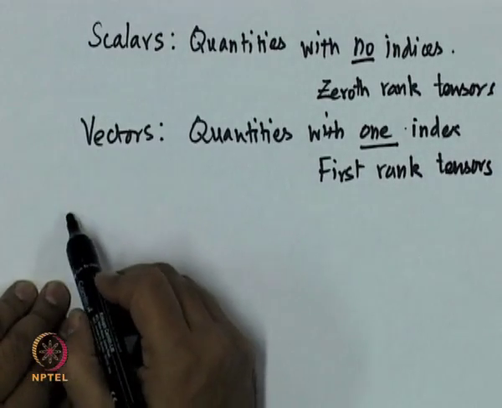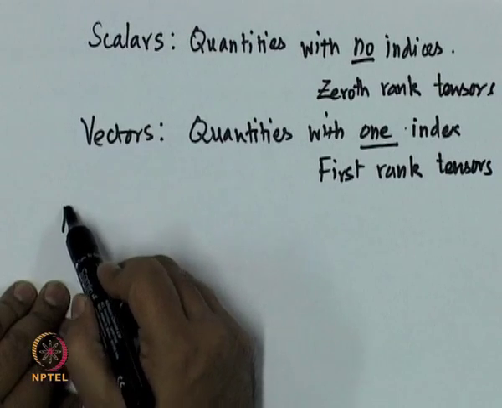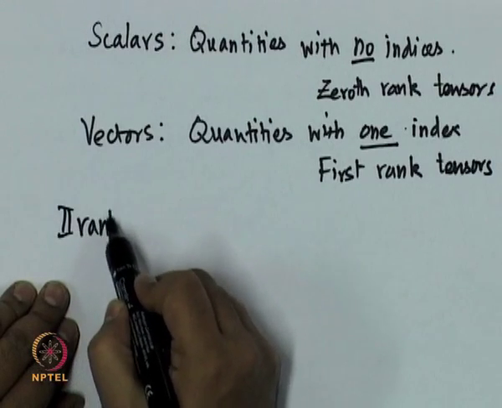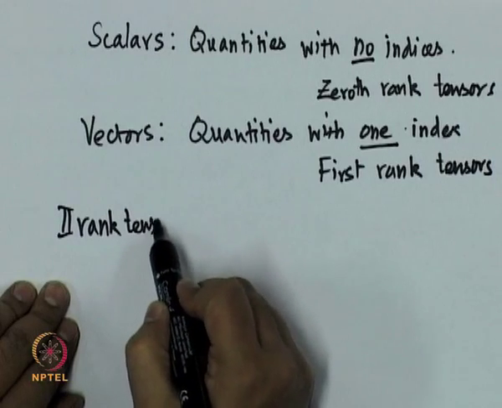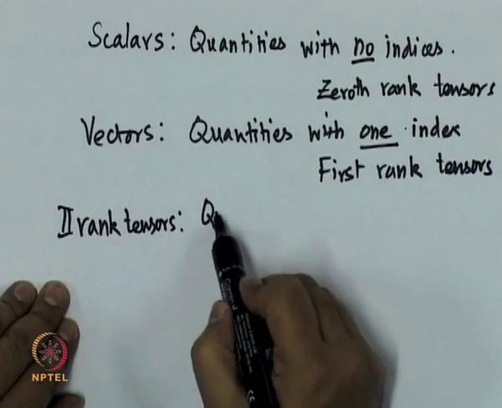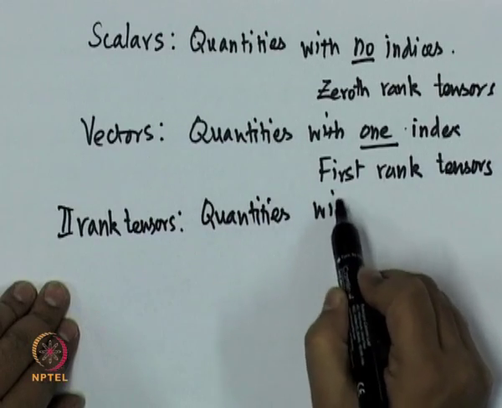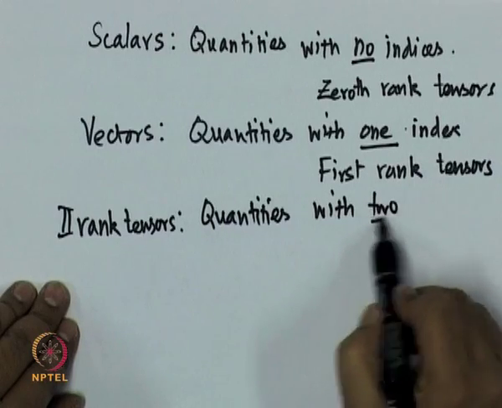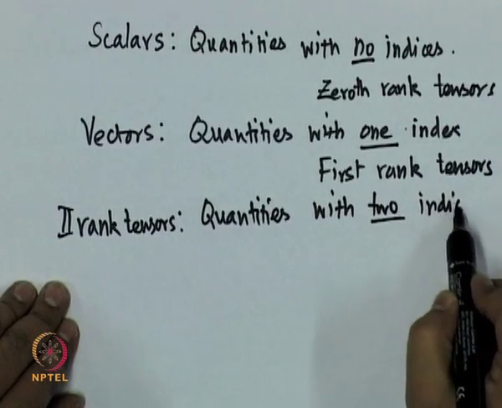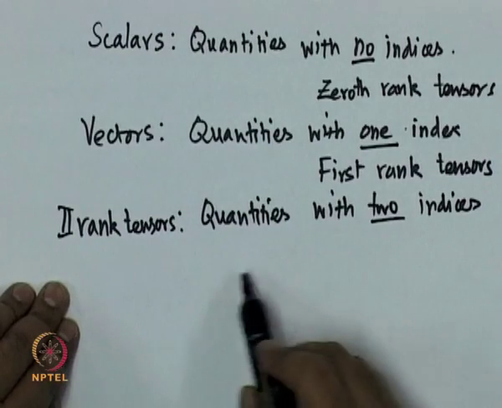Then I can say, if I want now second rank tensors, those are quantities with 2 indices, right, and so on.